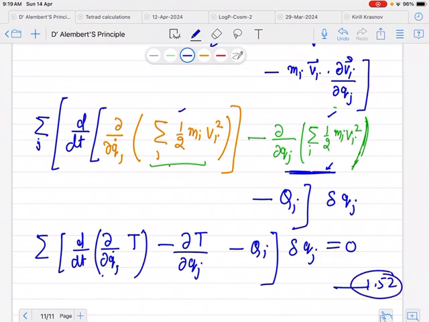Okay, so in the Cartesian coordinate system, the partial derivative of the kinetic energy T with respect to qj will vanish. So in the language of differential geometry, the term arises from the curvature of the coordinates.